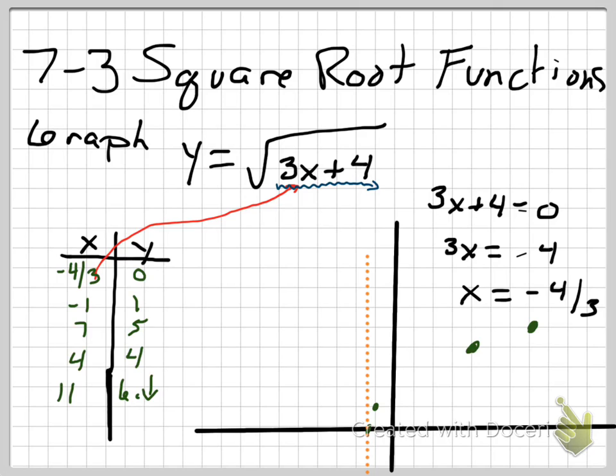I tested 11 too, and I got 6-point small decimal. I don't have a calculator, so I don't know exactly what the decimal is, but I got 6-point small decimal, which is up here. And then I just draw the graph. So this thing springs out of nowhere and starts going.